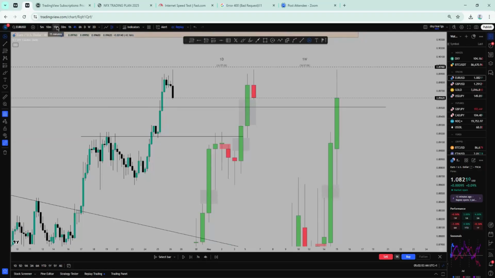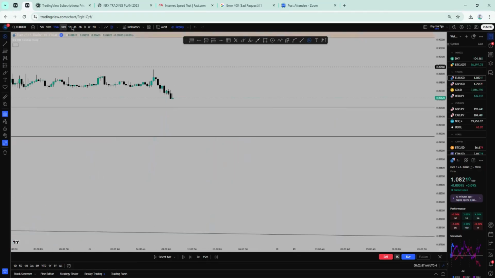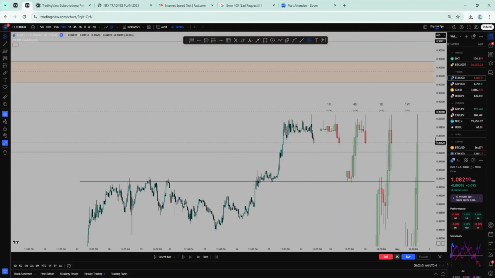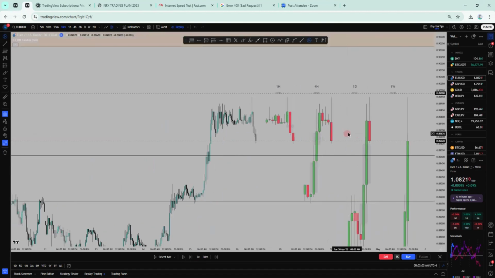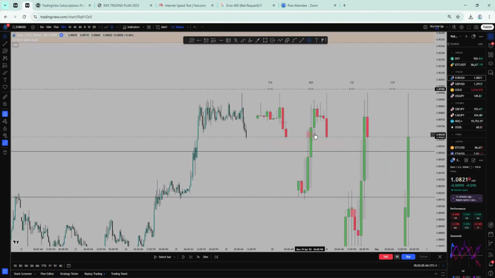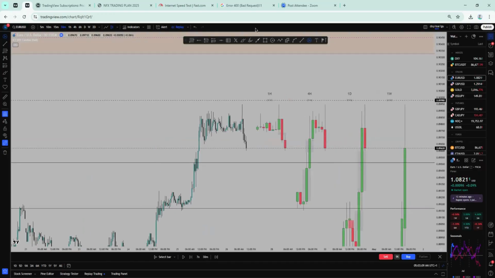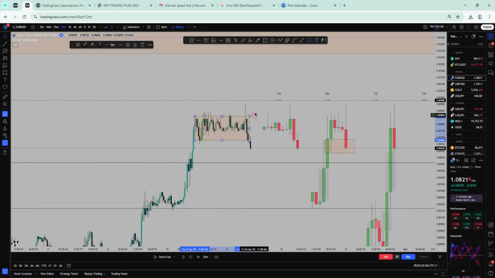Oh, okay. That was the 4 hour. I was playing it on the 4 hour, but I get it now. All right, so some beautiful price action here on the 30 minute, and as well on the 4 hour, we have this fair value gap here, and the 30 minute seems to have been creating a contraction.